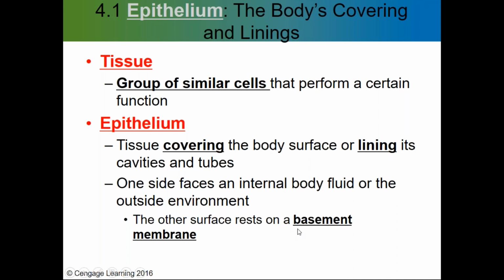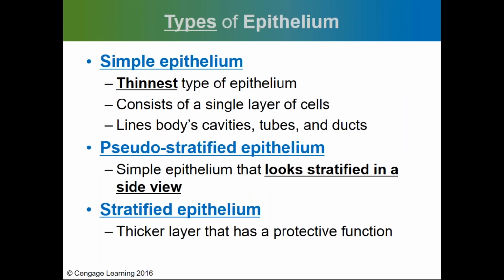We talked about the basement being the bottom layer of your home, the foundation upon which the house is built. So when we think of the basement membrane, we think that this tissue, whether it's one layer or multiple layers, is anchored via this basement membrane to other tissue, primarily connective tissue. In particular, a type of connective tissue would be areolar connective tissue. It's a special type of connective tissue.